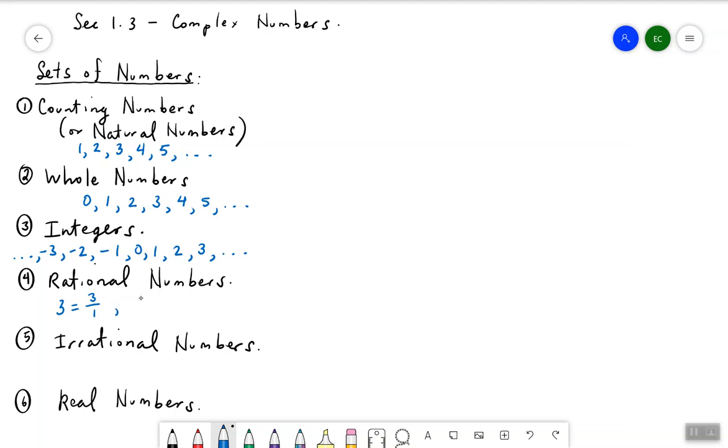You could also think of a number like 1/2 or 2/3, or you could also think of some decimals. You could think of a decimal like 0.9, which can be rewritten as 9/10.